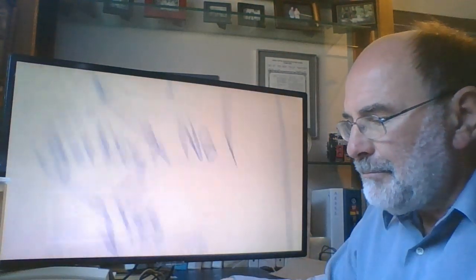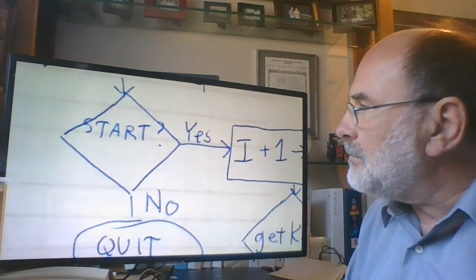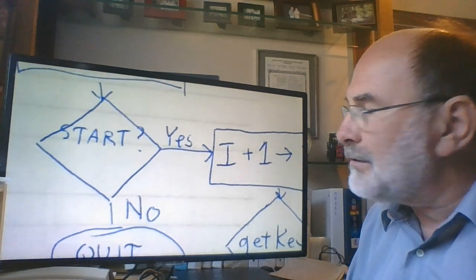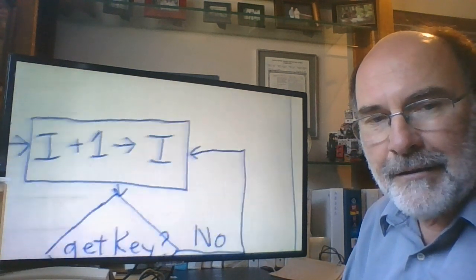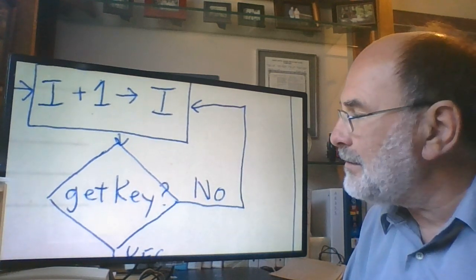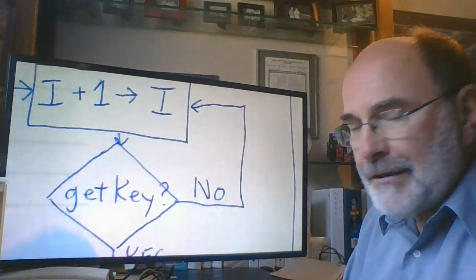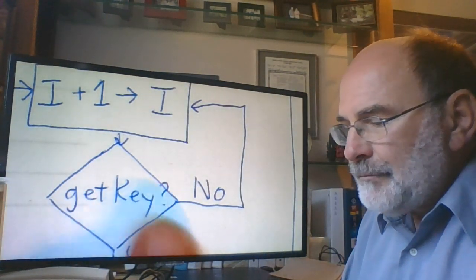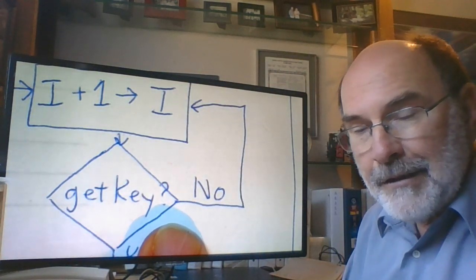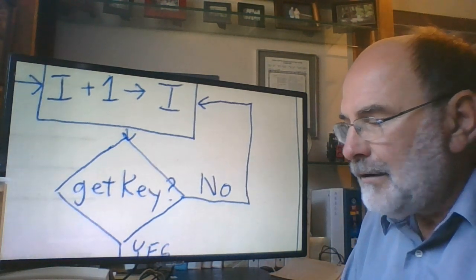So at this point, here's what we've done. We said, if you press start, then start counting to yourself quietly until you press any key on the keyboard. That was the if statement that says if get key. If get key is 0, that means you haven't pressed a key, and so just keep counting to yourself.